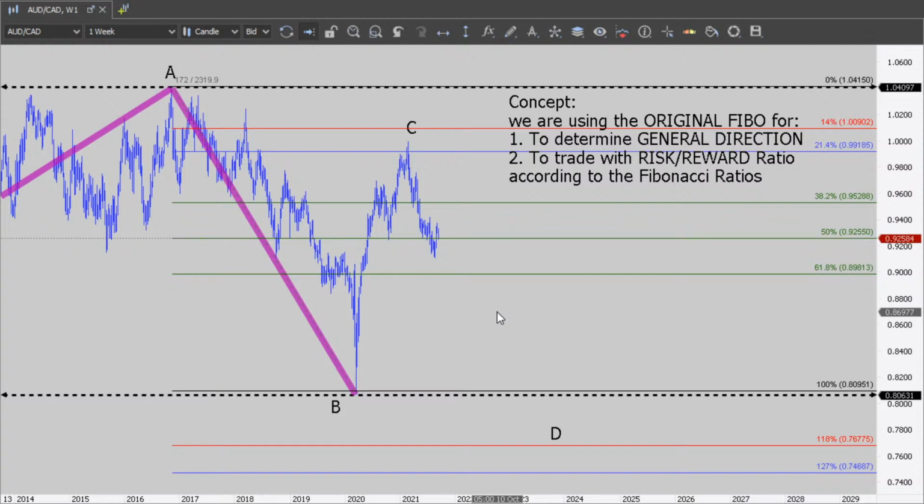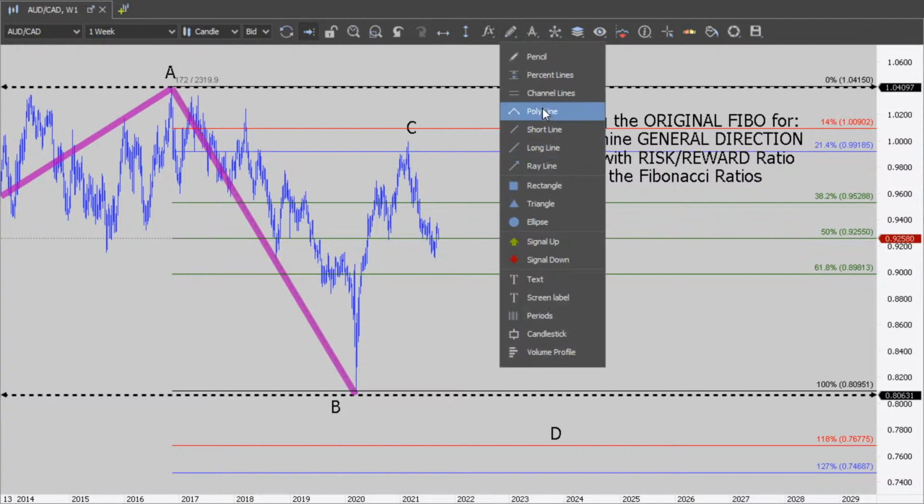Should we be long or short on the weekly Fibonacci? There is no right or wrong. Short, very good, excellent. Short, yes sir.